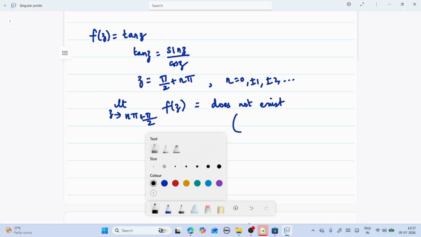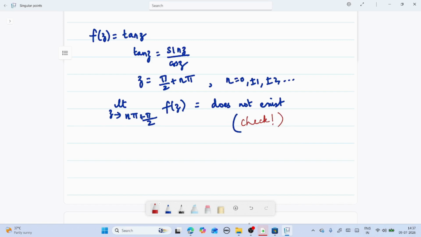You can just check this out. The limit will not exist. Therefore, we can just conclude that z equal to pi by 2 plus n pi will not be a removable singular point.